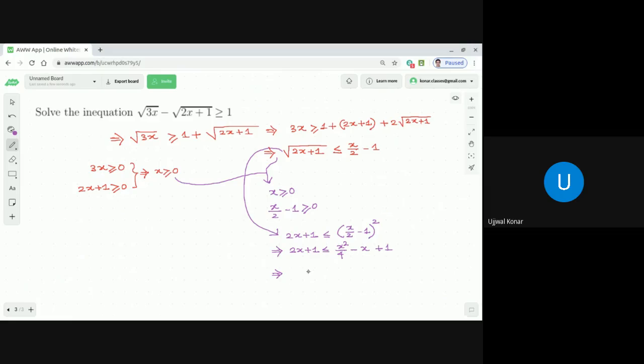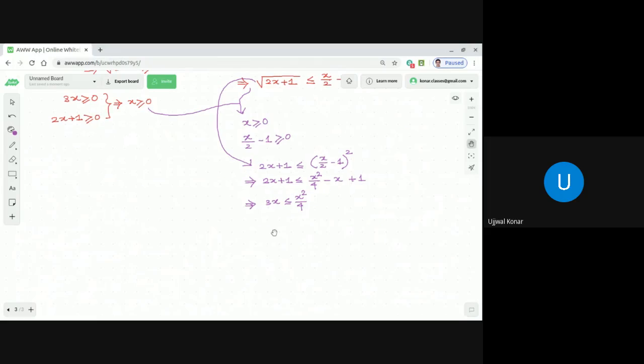So we can multiply by 4. 1 got cancelled. So 3x is less than or equal to x square by 4. Correct, dear students? So from here what are we going to get? x square minus 12x is greater than or equal to 0.